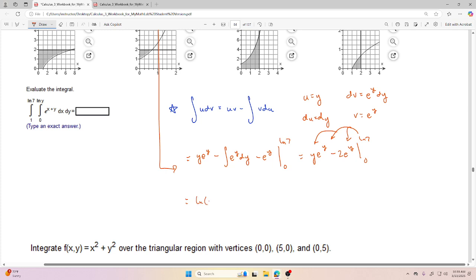So I've got ln 7 times e to the ln of 7 minus 2e to the ln of 7. You can see there's a lot of canceling going on. And then all that, I'm going to say minus, when I plug in a 0, I get 0. When I plug in a 0 there, though, I get the 2. So 7 ln 7, and then this is a minus 2. Whoa, whoa, whoa. That 7 is still here.